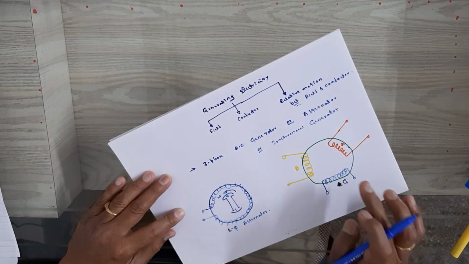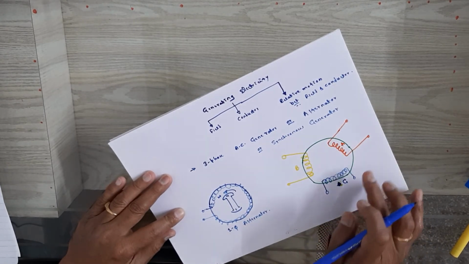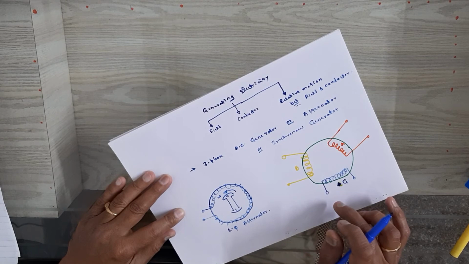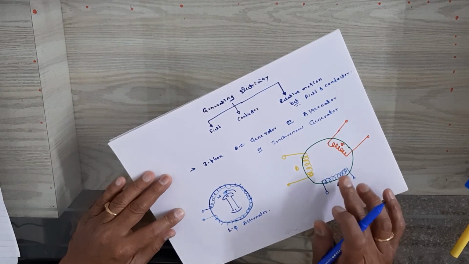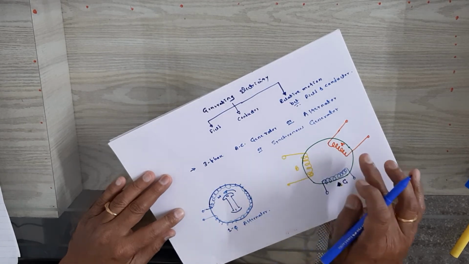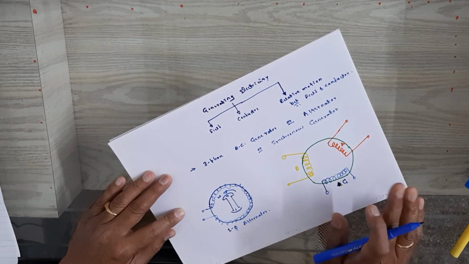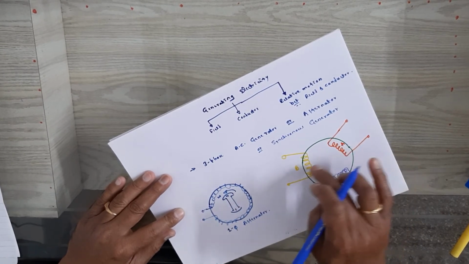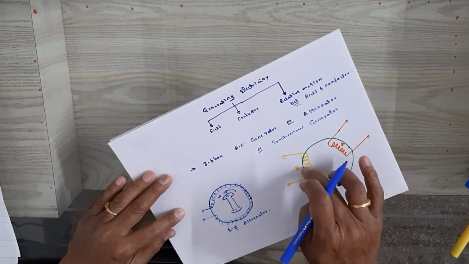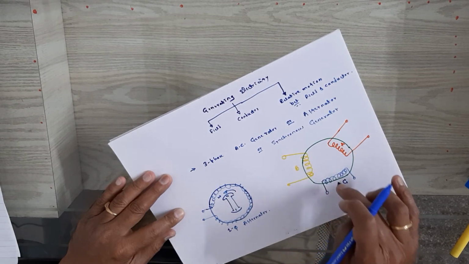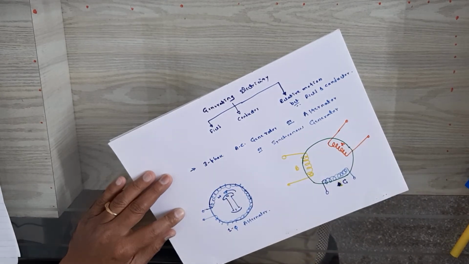Three identical coils means they are made up of the same material. The number of turns in the coil is the same. All three coils are identical, but the phase displacement between A and B is 120, B to C is 120, C to A is 120.